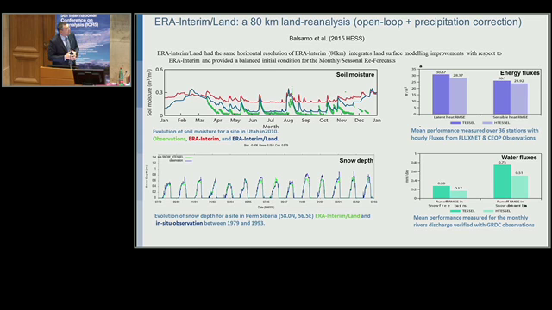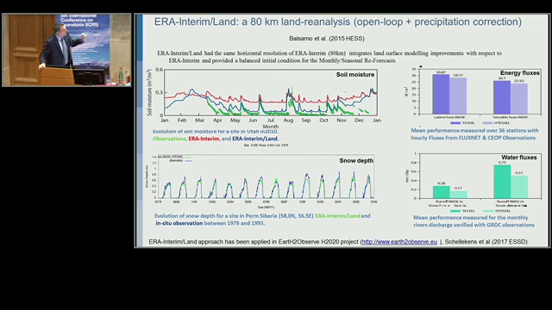And this is really important because it's not easy to validate surface improvements. So having contemporary water fluxes and water reservoir in better agreement with observation has been a way to qualify the ERA-Interim/Land dataset.